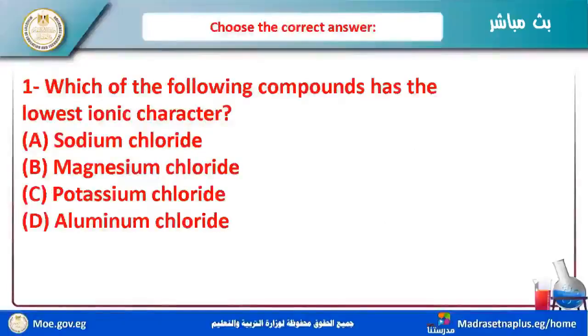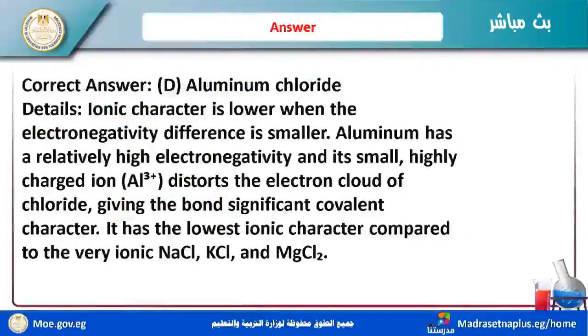It is the compound that has the lowest ionic character because the difference in electronegativity between them is less than 1.7. AlCl3's ionic character is lower because the electronegativity difference is smaller.